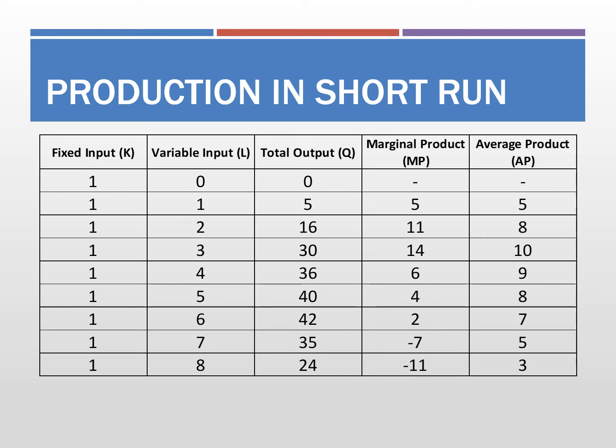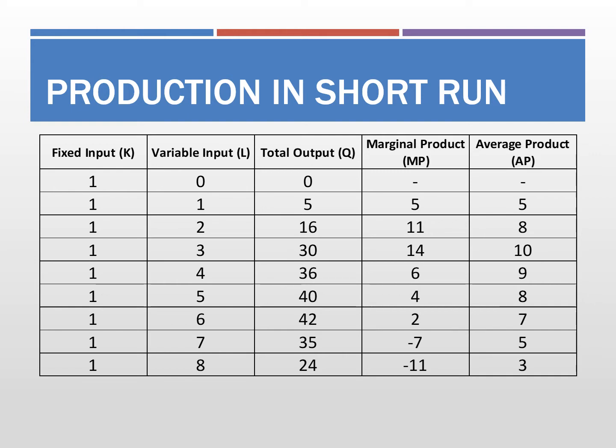The first thing we should note is the columns of average product and marginal product. The average product, which is the last column in the table, is calculated using the total quantity of output and the total quantity of the variable input, which is labor, so we use the Q divided by L equation.